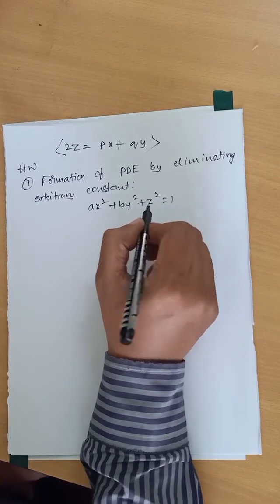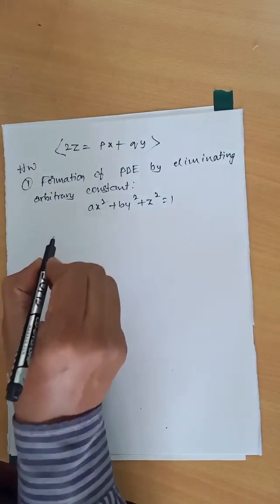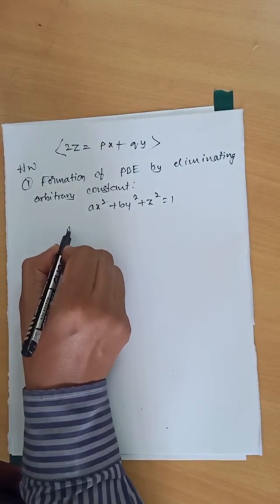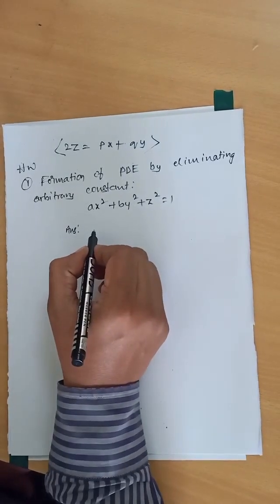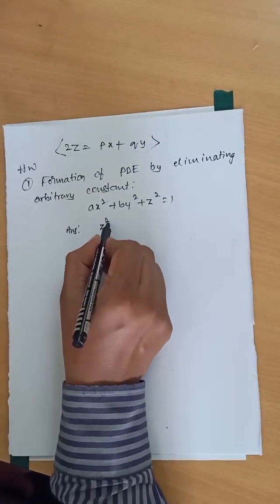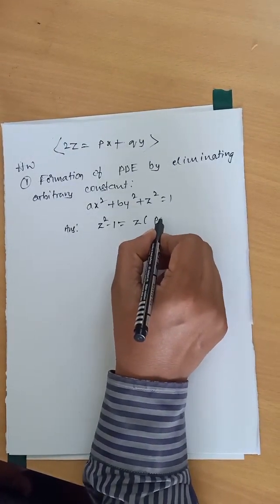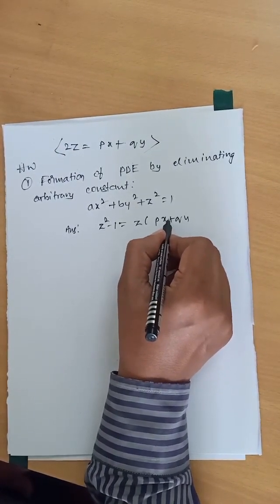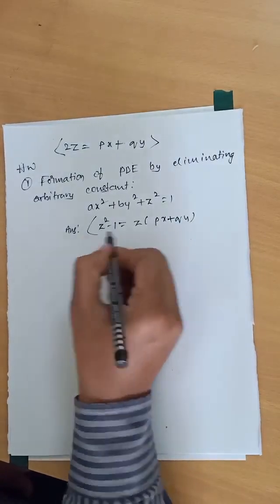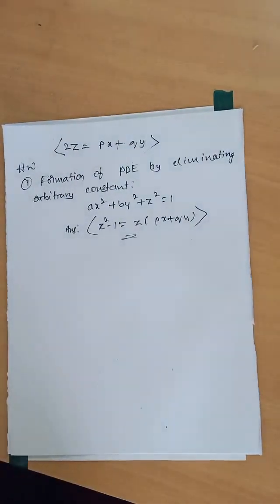Try this problem at home. I will give the answer. Z square minus 1 is equal to z common px plus qy. So this is the answer. Confirm this answer. I will continue in the next class.